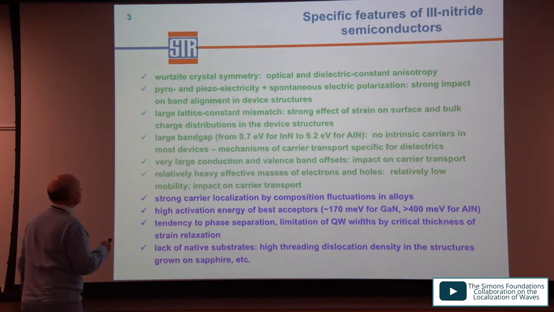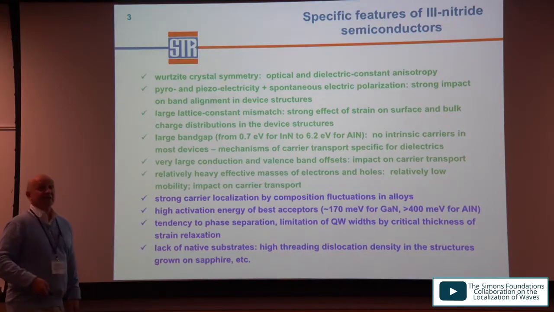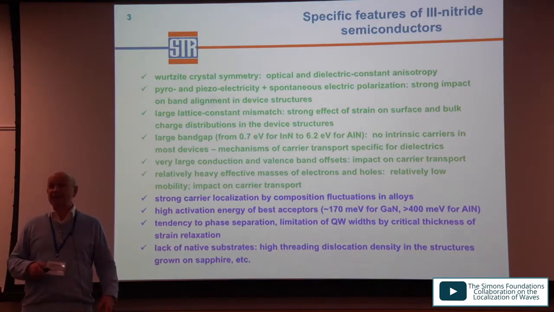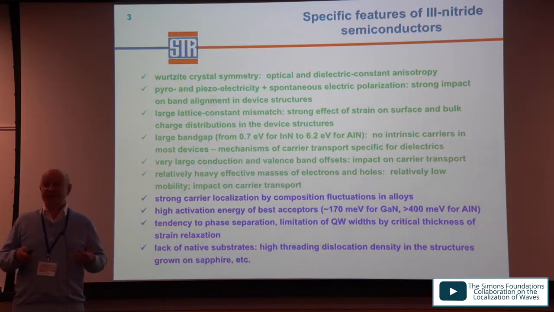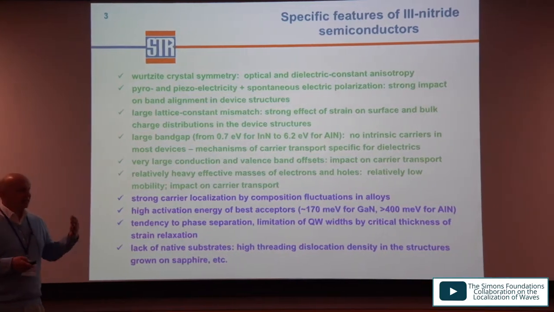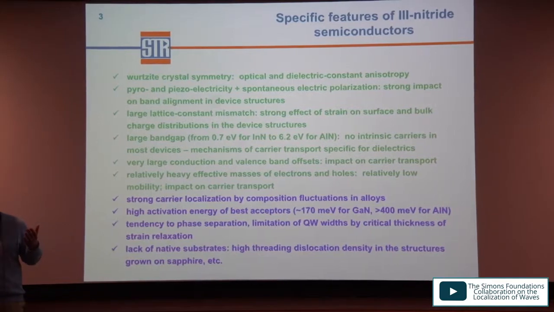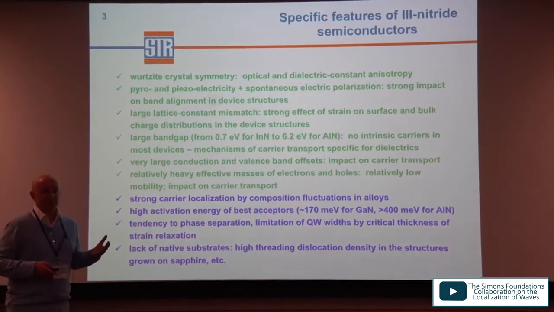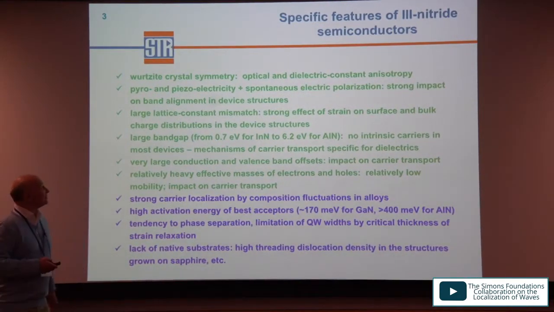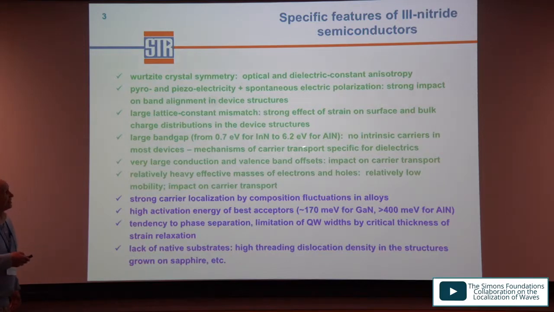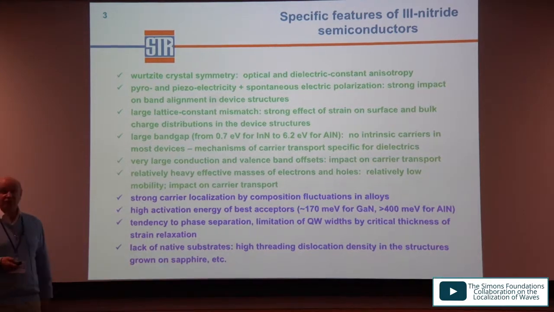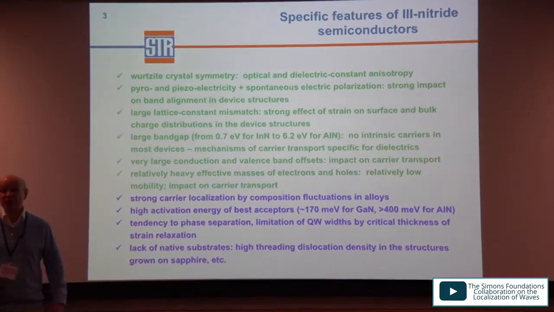First of all, nitride semiconductors belong to hexagonal crystal symmetry, and this produces some anisotropy in the optical properties and in the dielectric constant. The second issue is that the difference in the energy gap is huge, from 0.7 to 6.2 electron volts.